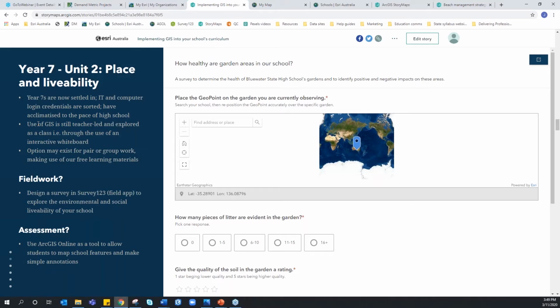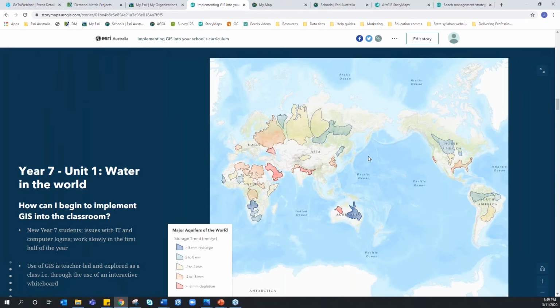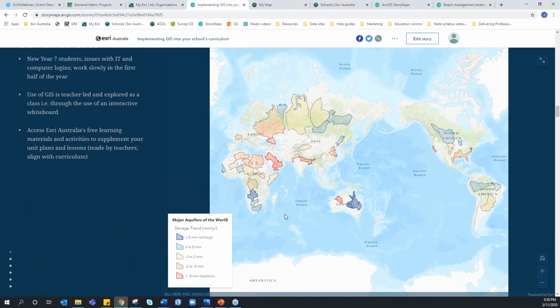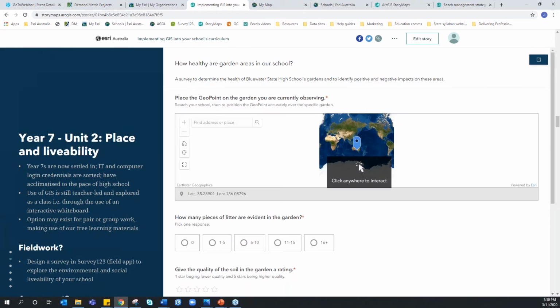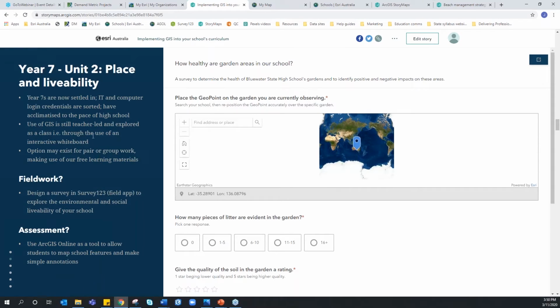That way they're engaging with these kinds of maps, turning layers on and off, and building their own ICT capacities at the same time, but still very much teacher controlled. And if they're not up to independent work, well then, maybe working in pairs, a pair to a laptop, might be an appropriate way to go.